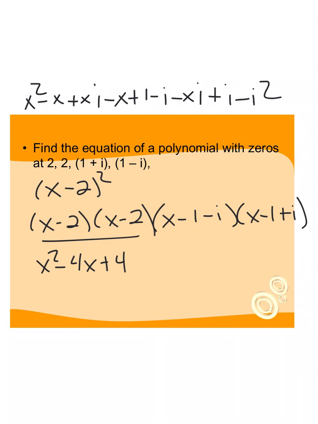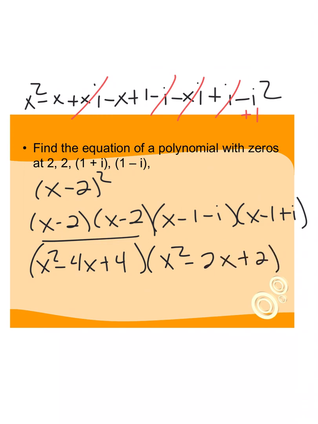Okay, anything with an i should simplify or cancel out if we've done this correctly. So let's go ahead and look. I have a plus xi and I have a minus xi, so they cancel. I have a minus i and a plus i, so that cancels. And then my minus i squared is going to actually end up being a plus 1. So I can go ahead and write down my simplified expression there. We end up getting x squared minus 2x plus 2.